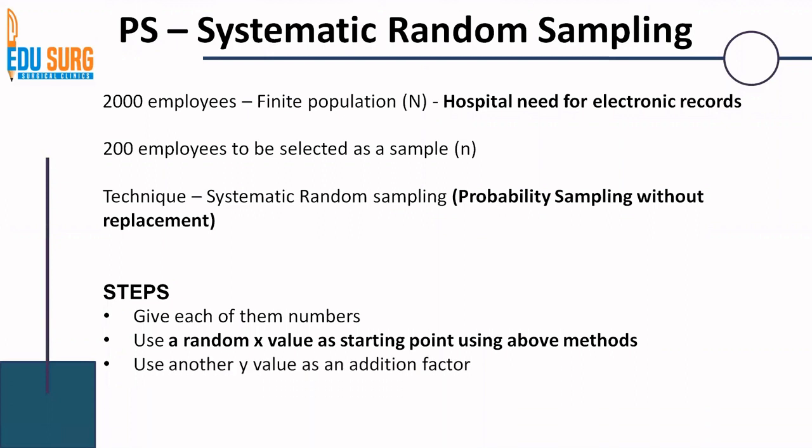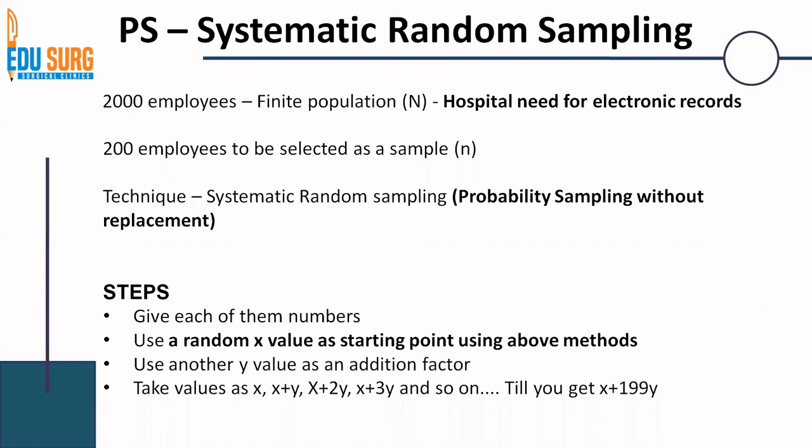Then you select another Y value in similar fashion as an addition factor. Now here we know that we have to select 200 employees out of 2000. So we know that if the Y is more than 10, then you are going to have a problem at some point, right? Because you are going to select your numbers as X, X plus Y, X plus 2Y, X plus 3Y, and so on.